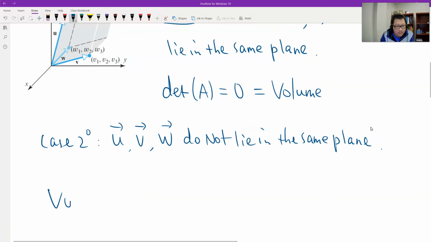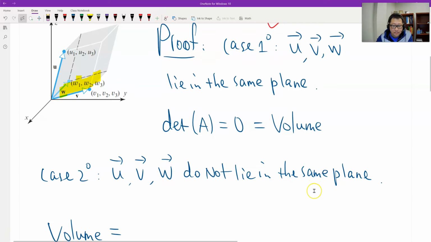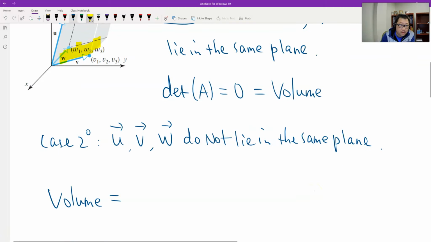This is a regular solid, right? So the volume should be the area of the base times the height.